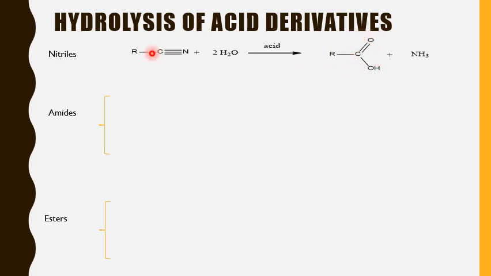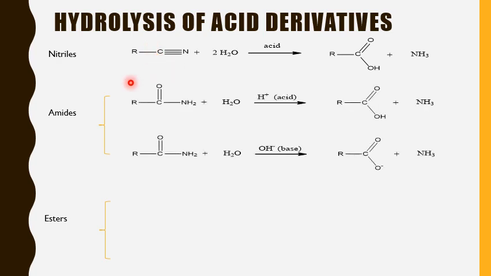That means the number of carbons is retained; there is no loss or gain of carbons in this process. And the acid acts as a catalyst so that it fastens the hydrolysis of the acid derivative cyano.